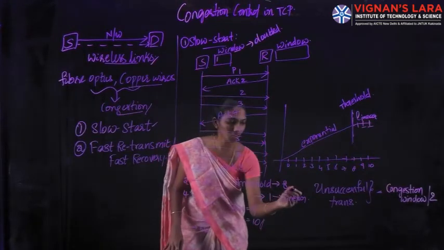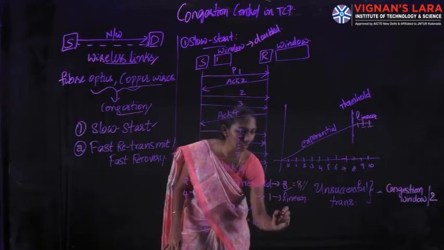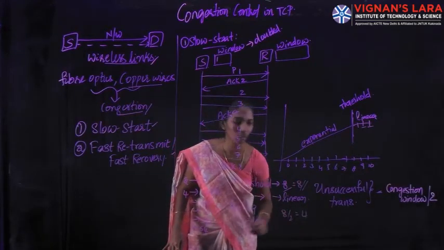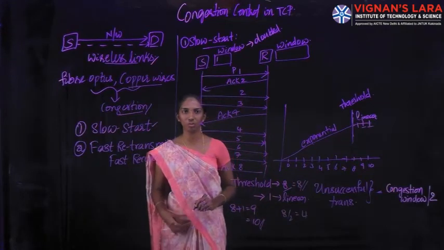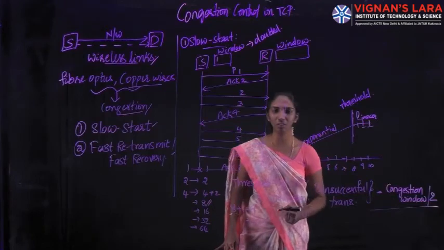So the congestion window size should be reduced to half. Now what is my congestion window threshold size? 8. Here if I get any unsuccessful transmission, 8 by 2 is 4. Now my congestion window size should be set to 4. This is the case on unsuccessful transmissions.